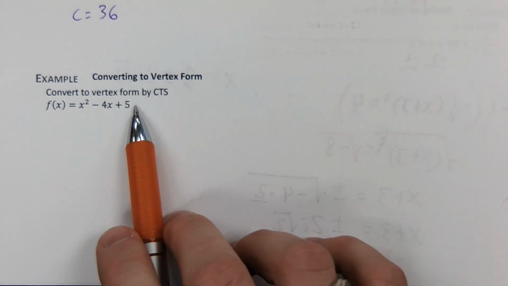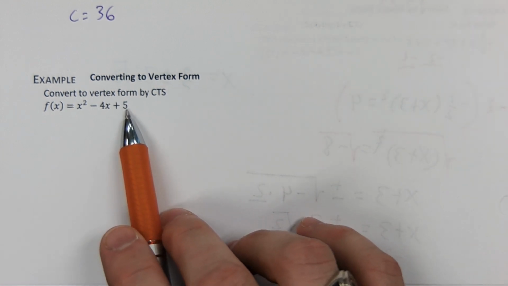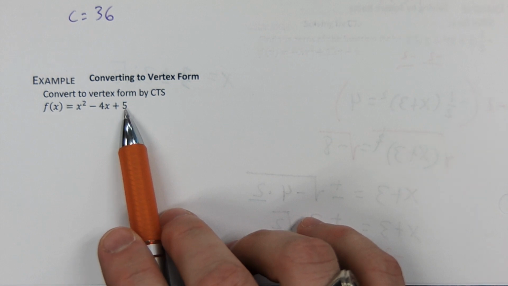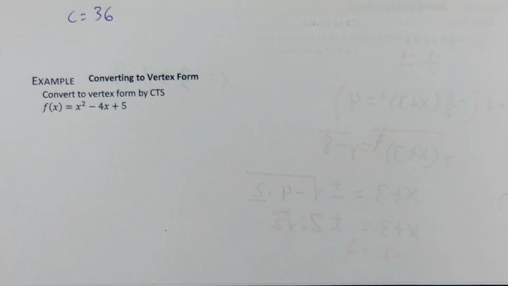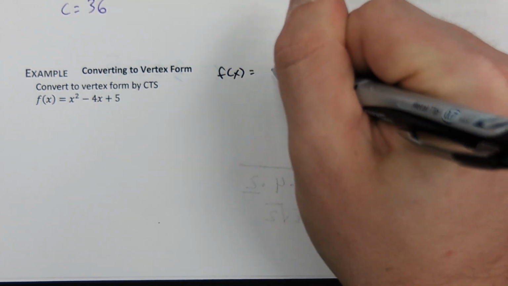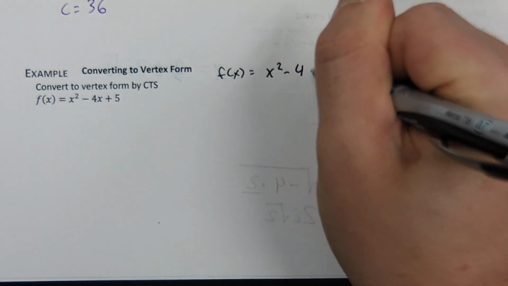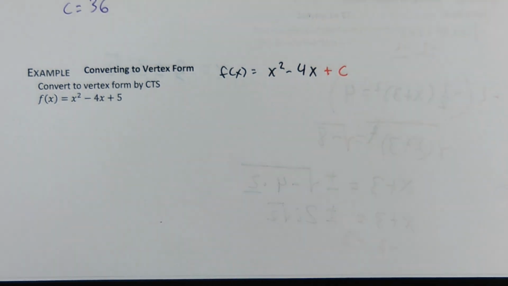You see, this is not a perfect square, this 5, which means this 5 right here cannot be my b squared. It can't be that magic C value, can it? Our job then is to figure out what that magic C value is.